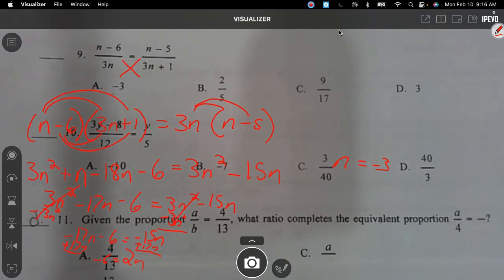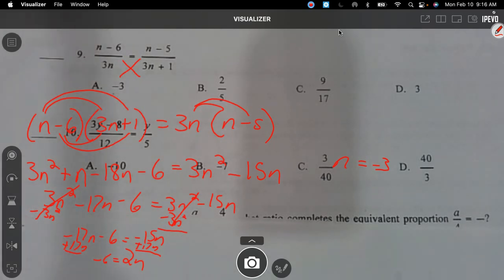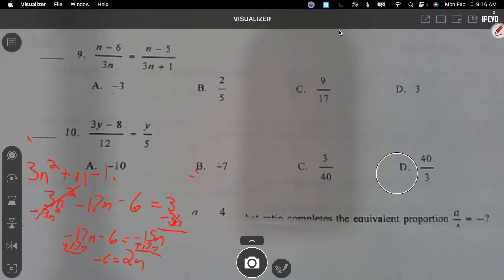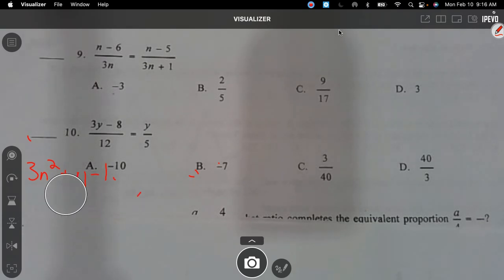All right, let's see. This one, when we cross multiply, we get 5 times 3y, that's 15y. 5 times 8 is 40, and then 12 times y is just 12y.